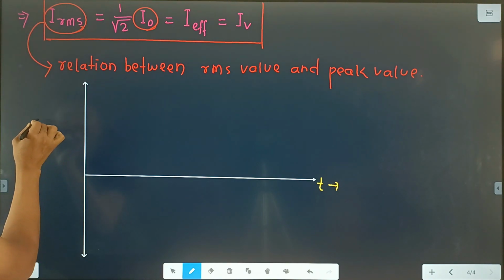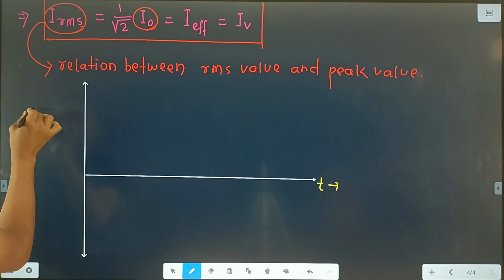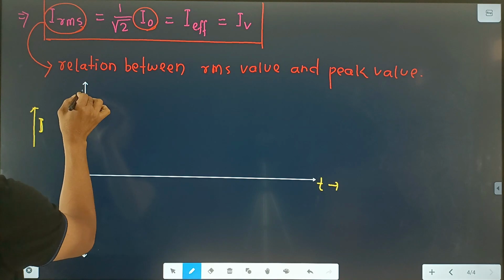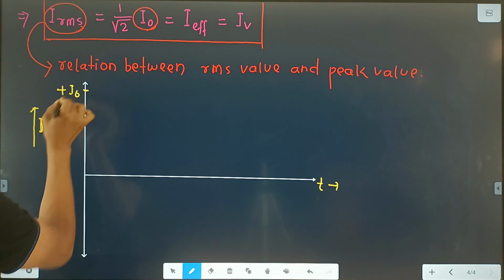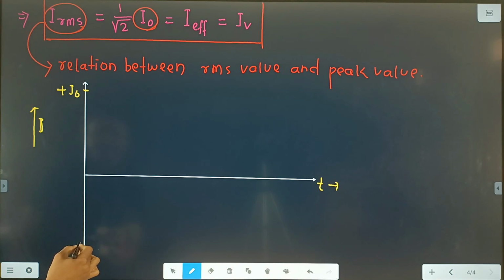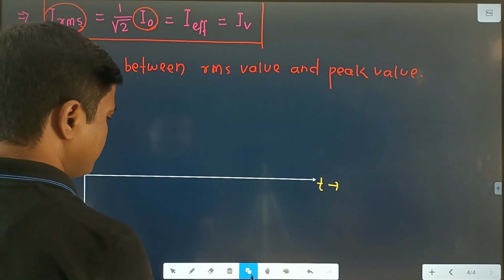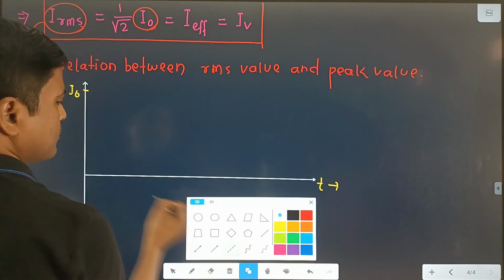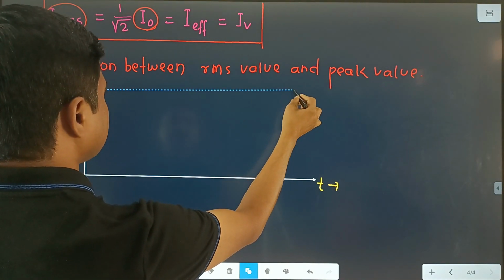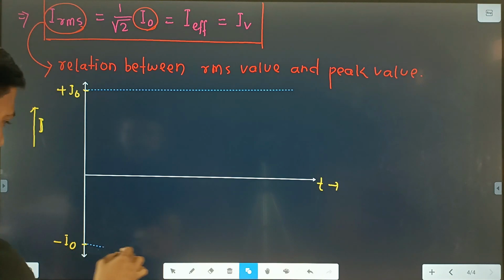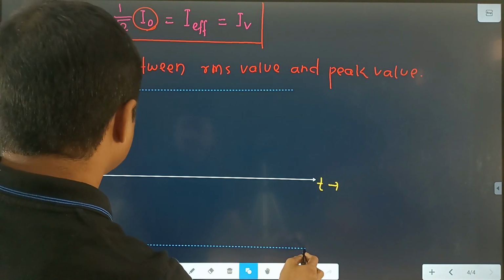On the y-axis, we take the current I. And this is the maximum value. On the positive side, we write plus I0. And this is the maximum value on the negative side, we write minus I0. And for plus I0, this is the line, and for minus I0, suppose this one is the line.